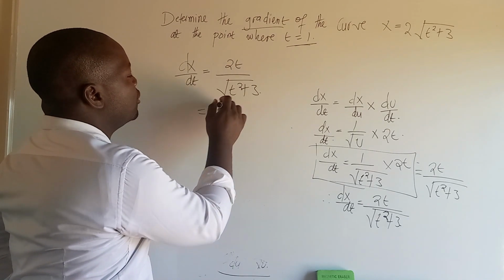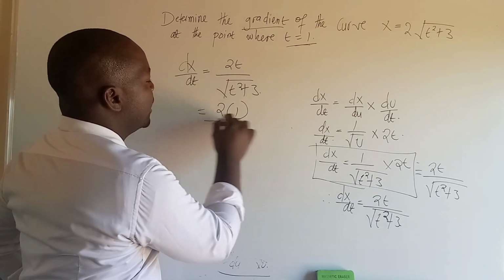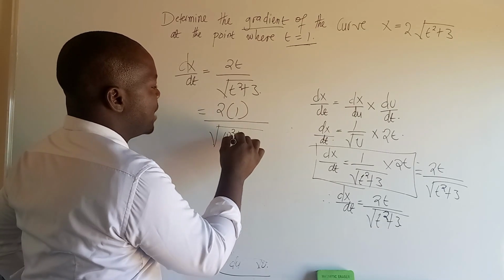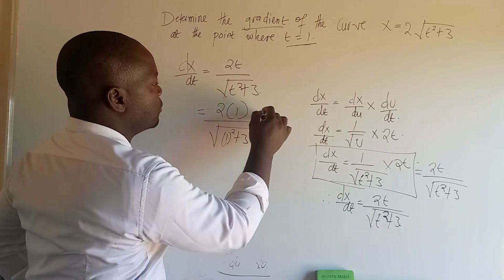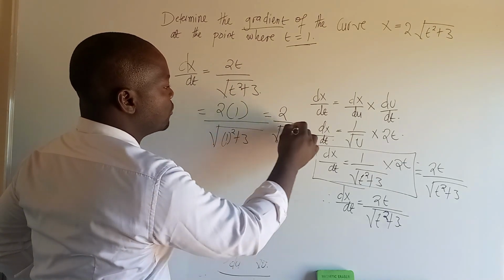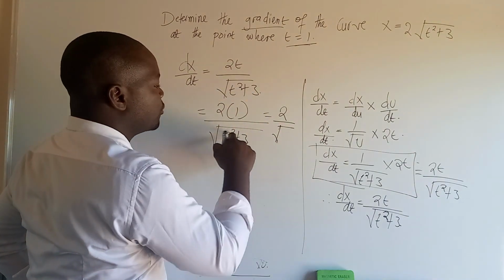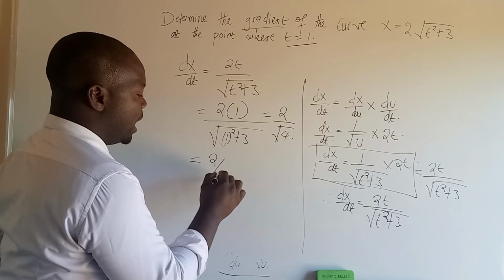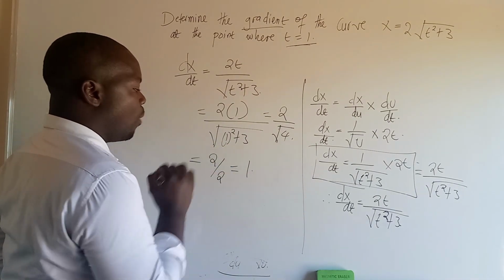So we're going to have 2 times 1 over the root of 1 squared plus 3. So this is equal to 2 over the root of, 1 squared is 1, plus 3 is 4, which is equal to 2 over 2, which is equal to 1.